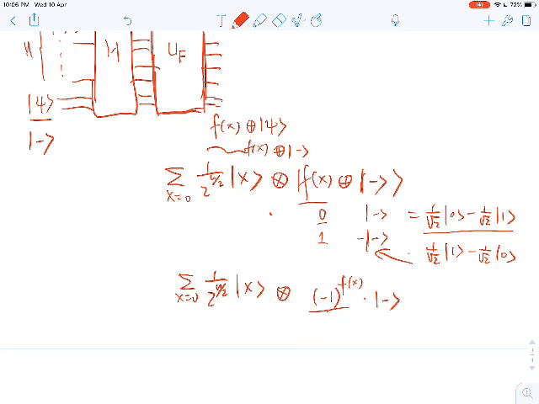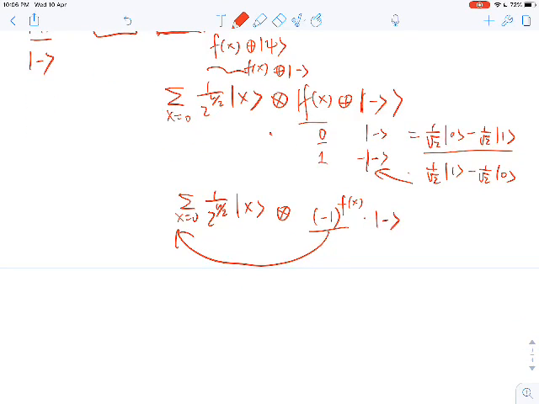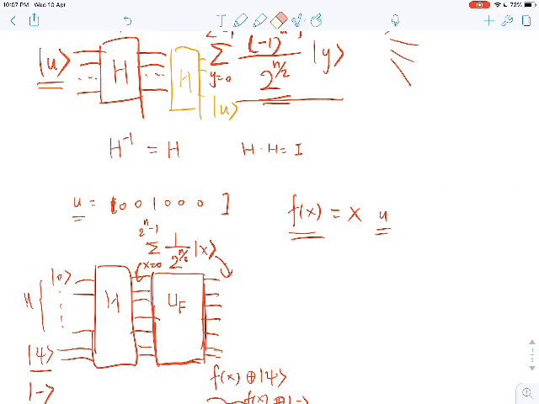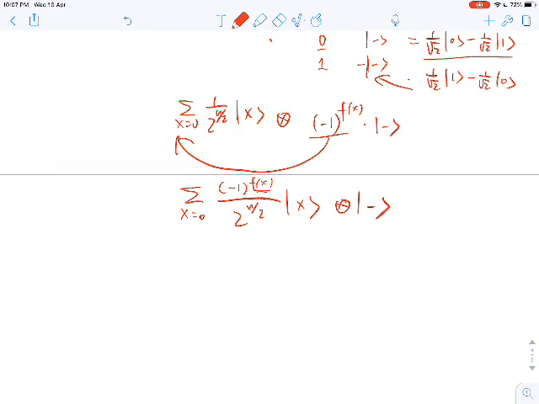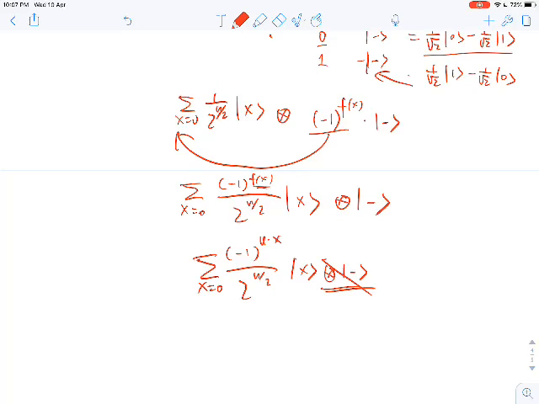We put it here as the sum over x of minus 1 to the f(x) over 2^(n/2), x tensor minus. And f(x) here is actually x times u, so this part is minus 1 to the u times x, tensor minus, and we don't care about this part.